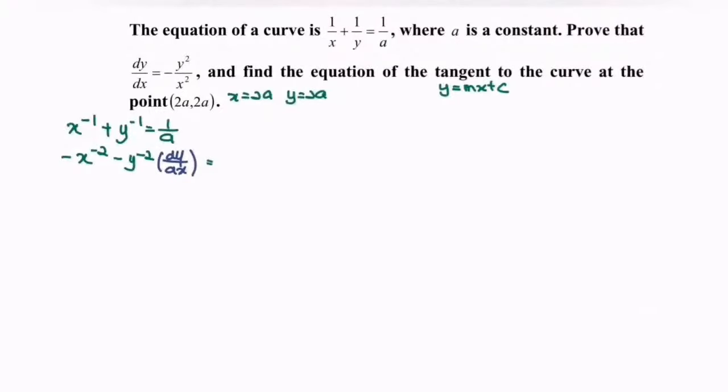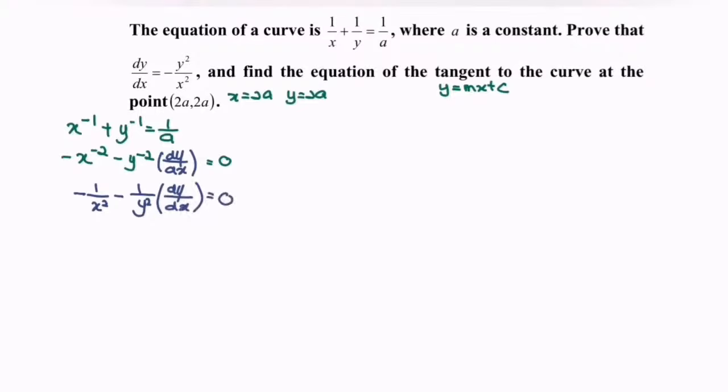As we all know, a is a constant. If you differentiate the constant, we will have 0. Kindly rewrite the situation: negative 1 over x squared minus 1 over y squared multiplied with the dy/dx.